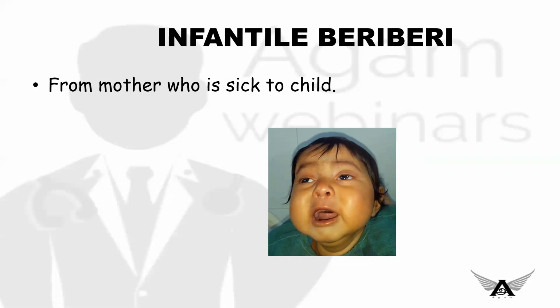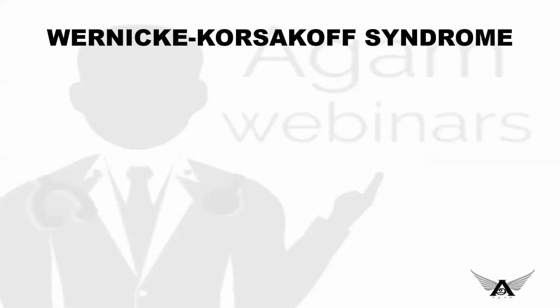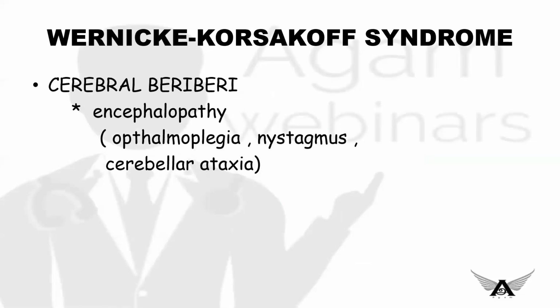Deficiency of B1 also leads to another condition called Wernicke-Korsakoff syndrome. This is otherwise called cerebral beriberi. The manifestations are encephalopathy. From the term itself, you can understand that encephalopathy is pathology in the encephalon, meaning the brain. So there is some sort of problem in the brain. It leads to conditions like ophthalmoplegia, which is paralysis of ocular muscles or muscles around the eyes.